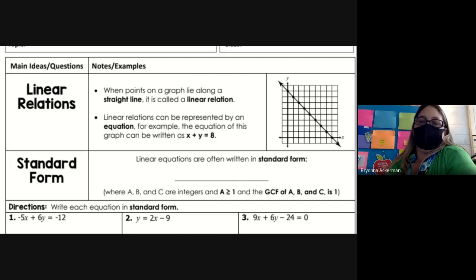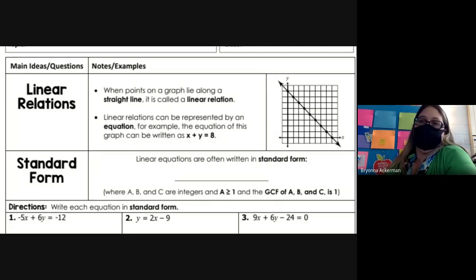Sometimes in order to do that, you need to divide by a negative so that it's not negative. There's also something called the GCF. What is GCF? Greatest common factor, okay? So it's the greatest thing you can take out of all of A, B, and C, okay?